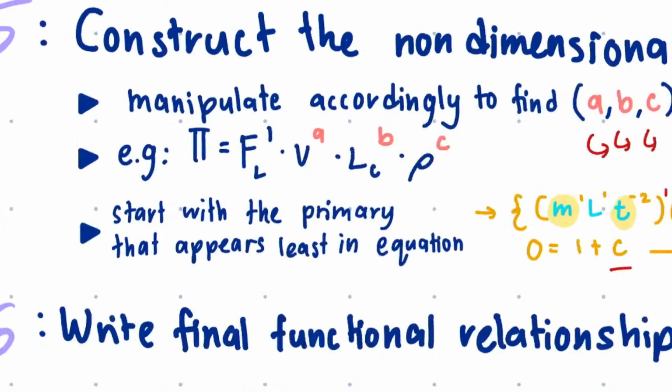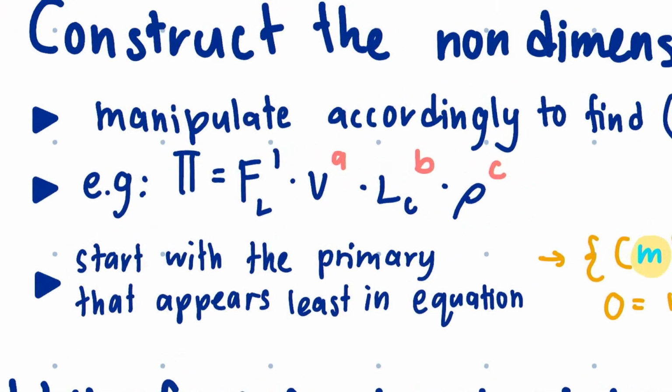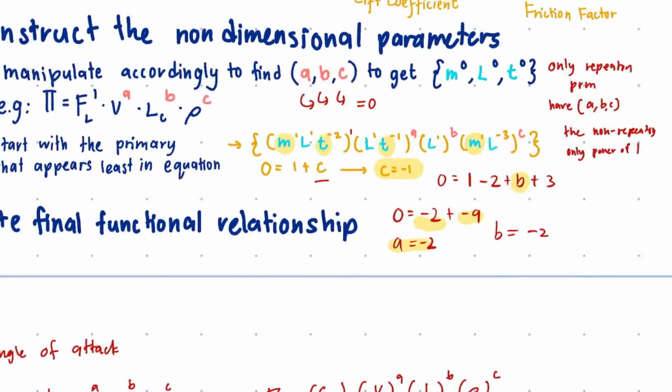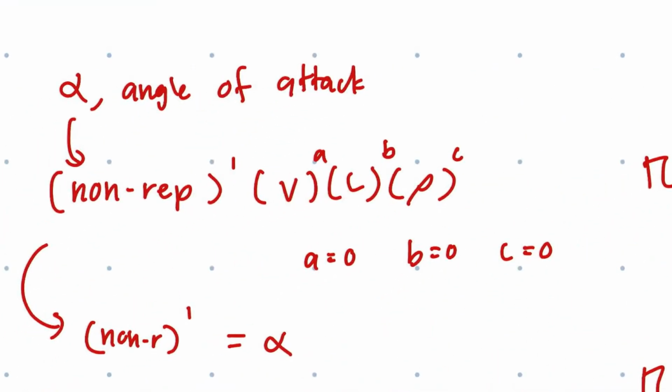Okay, so as you can see here, the force only has power of 1. The other repeating parameters have A, B, C. And also note that A, B, C can also equal 0. Why can it also equal 0? Because let's say we have the angle of attack.